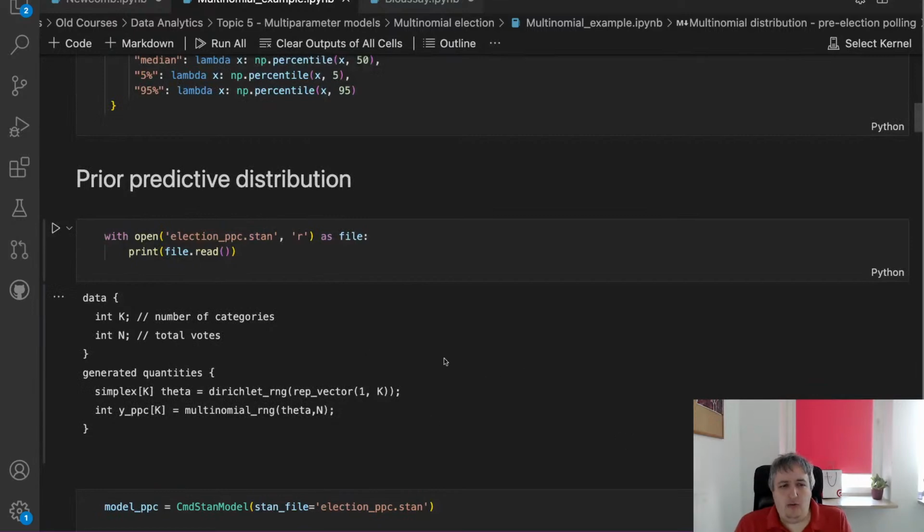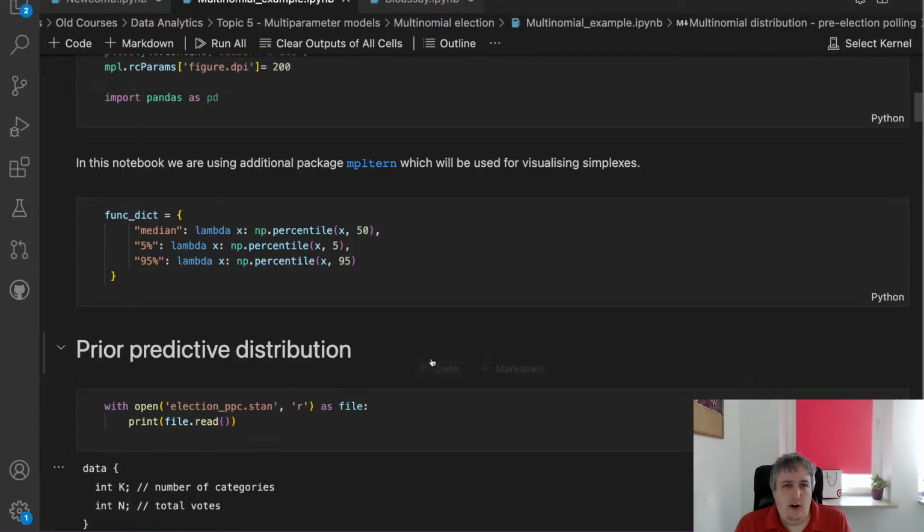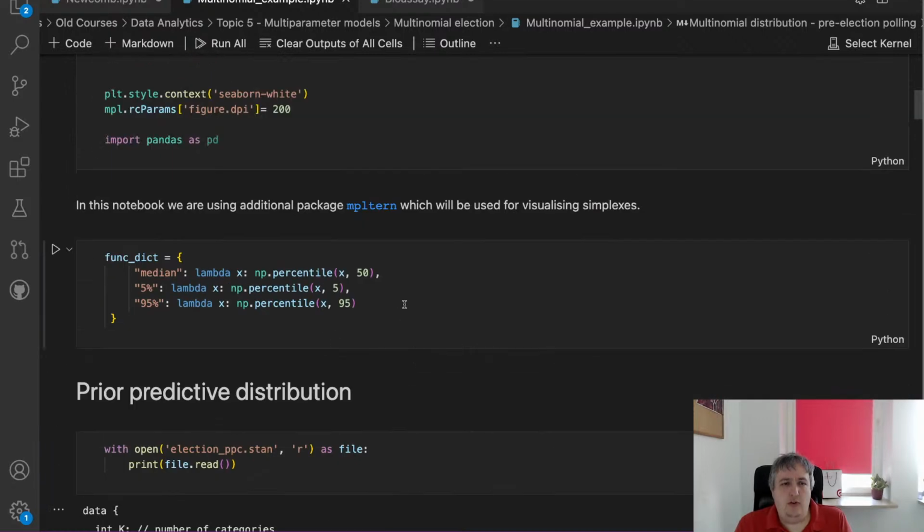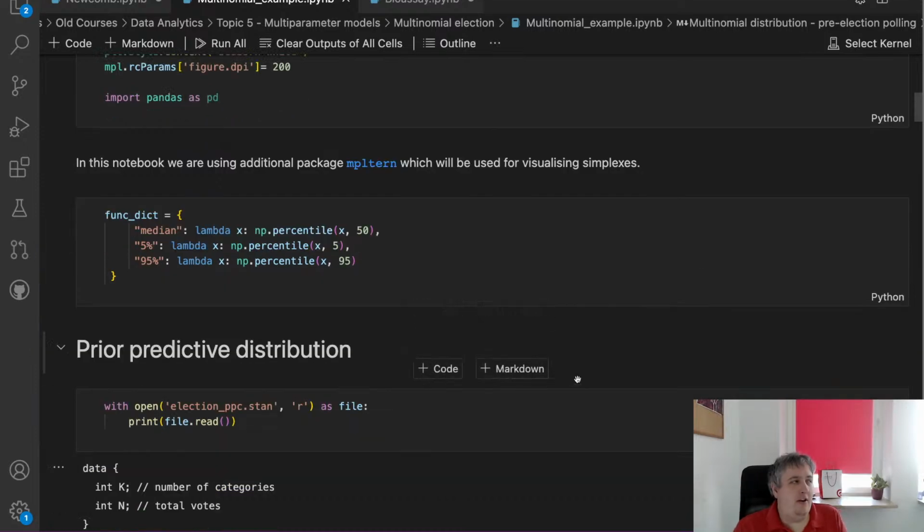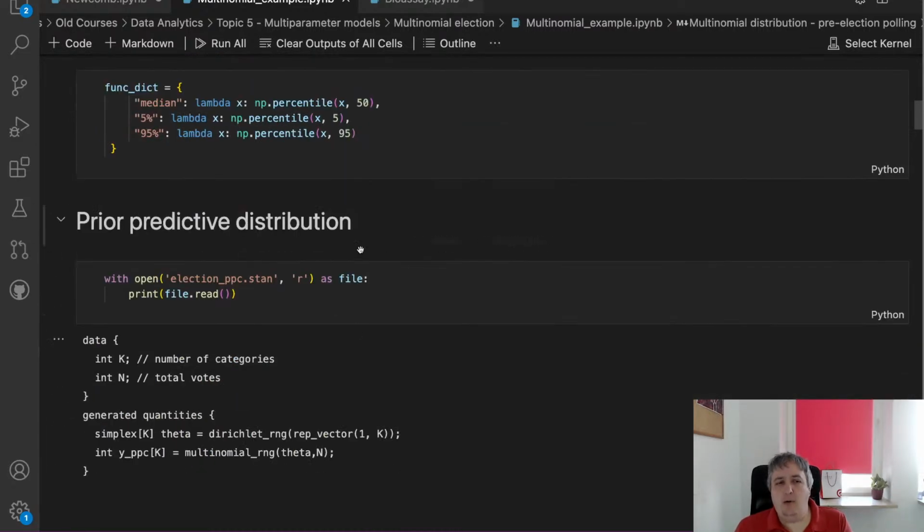Our model is also very simple, starting with the prior predictive distribution. We'll be using an additional package that allows us to create nice visualizations of three-dimensional simplexes. Generally, we want to consider how our priors work. So we have the number of categories, the number of votes, and our parameters.